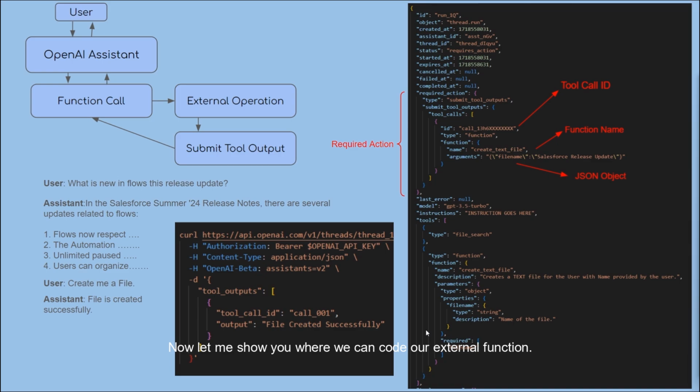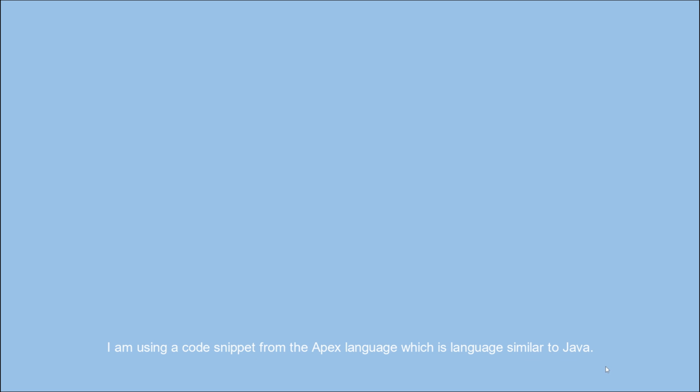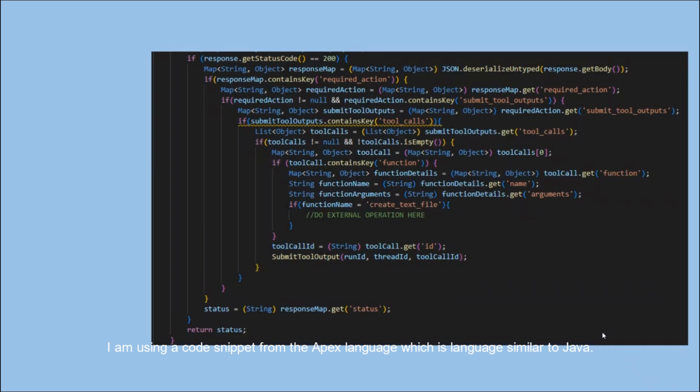Now let me show you where we can code our external function. I am using a code snippet from the Apex language, which is a language similar to Java. This is when we retrieve a run using a REST API hit. We first deserialize the response and check if the required action is not empty.